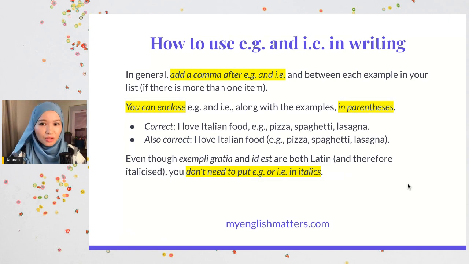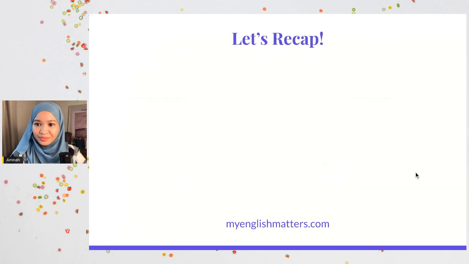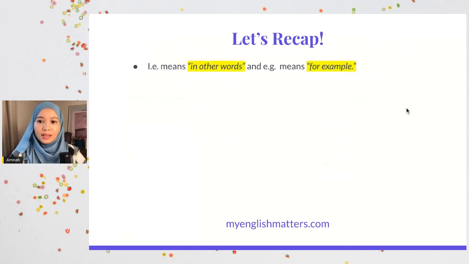Okay? So let's recap. We're almost done here. It's a quick session, wasn't it? I.e. means in other words, and e.g. means for example. So you can use my tip on how to remember for example: e.g. looks like the word egg, and it also sounds like example.